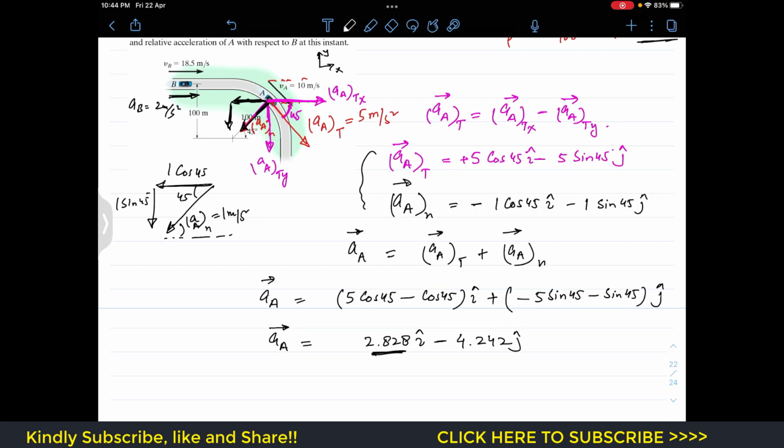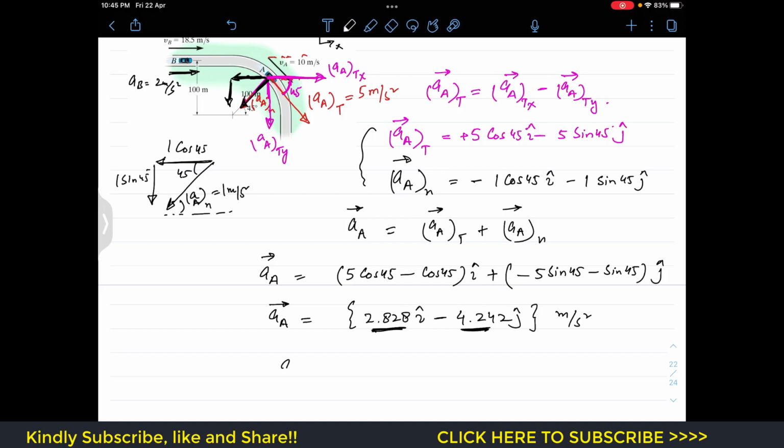So the acceleration of car A has 2.828 meter per second square component along the x-axis and 4.242 meter per second square in the negative j direction. So this is in meter per second square.